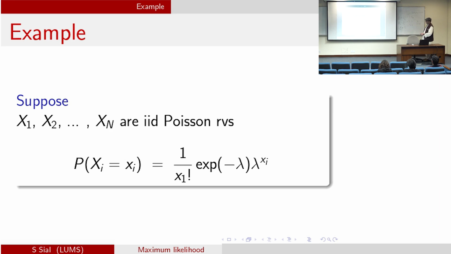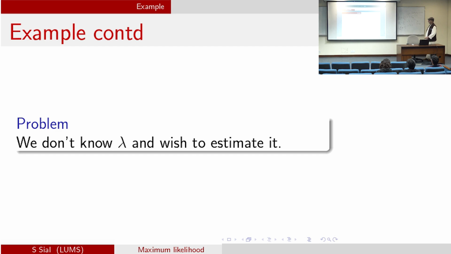So the probability that the ith random variable takes the value xi is 1 over xi factorial times e to the negative lambda, lambda to the xi. We don't know lambda, we want to estimate it.